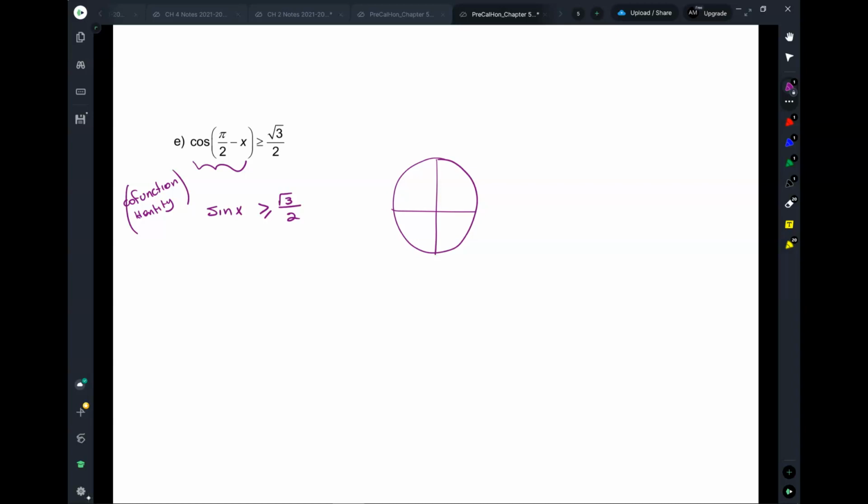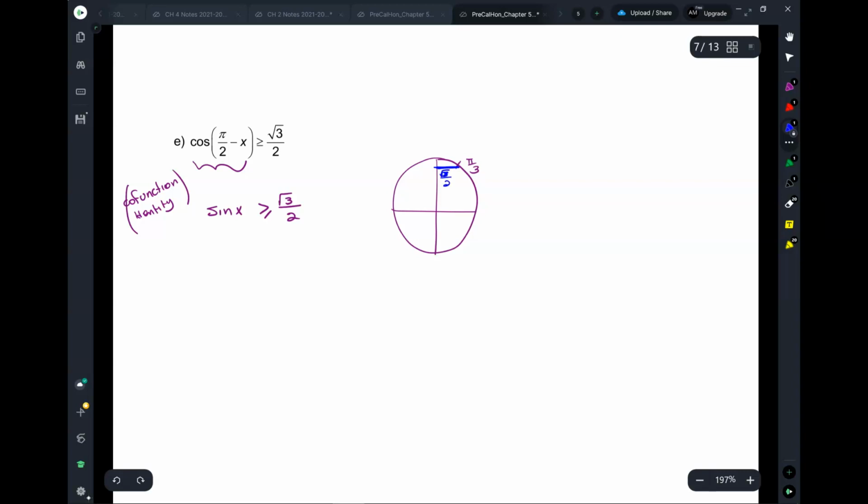For what angle is sine equal to root 3 over 2 the first time? Pi over 3. Good. Because at pi over 3, it intercepts the y-axis at root 3 over 2.